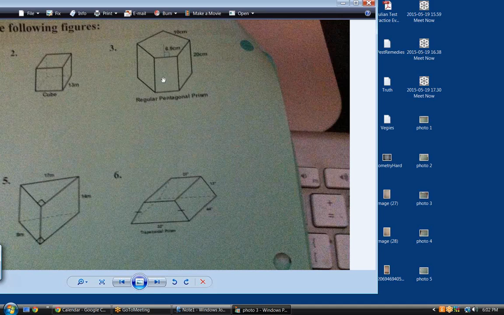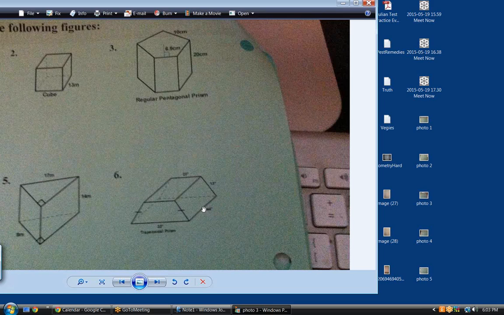Number 3 is also a prism. It's important that you be able to recognize prisms, because as long as you know it's a prism, then it's always the area of the base times its vertical height, regardless of whether it's sitting right or not. It's not always the base that's flat on the paper.